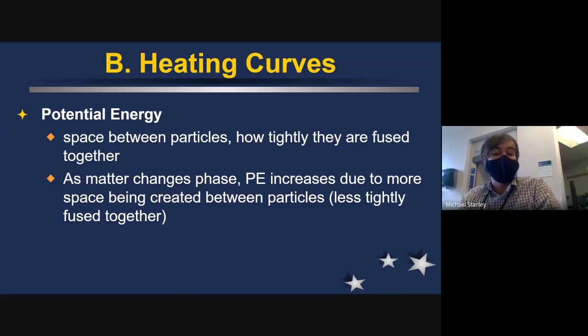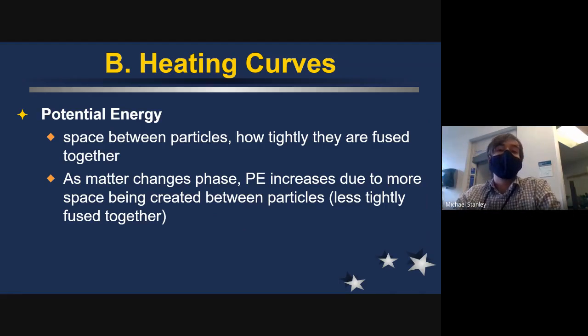If something is low potential energy, that means that its particles are very close together, like a solid. Versus if something has a really high potential energy, that means that the particles are spreading far apart, getting wide apart, like in a gas. So where the potential energy comes into play has to do with these phase changes. So before, we talked about the solid is heating up, the liquid is heating up, or the gas is heating up.